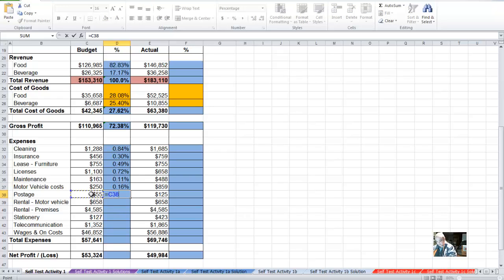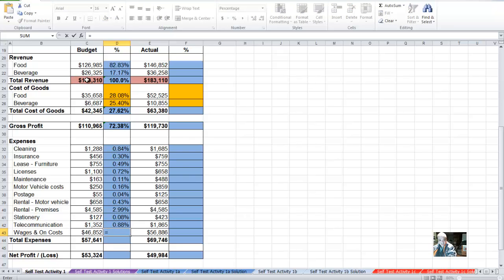Equals postage divided by total revenue. Equals rental divided by total revenue. Equals rental premises divided by total revenue. Equals stationery divided by total revenue. Equals telecommunications divided by total revenue.